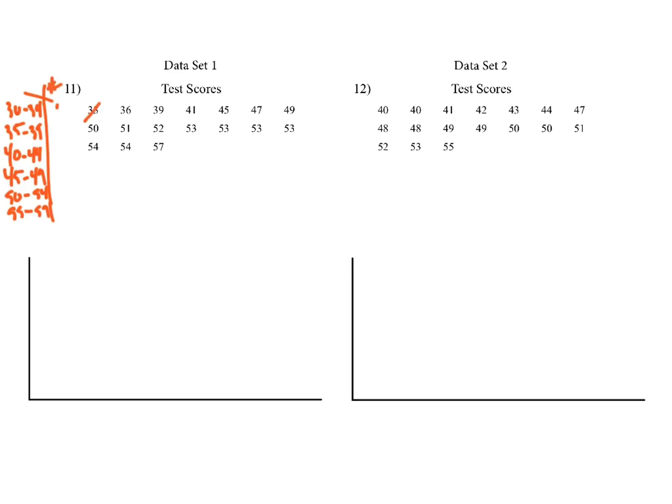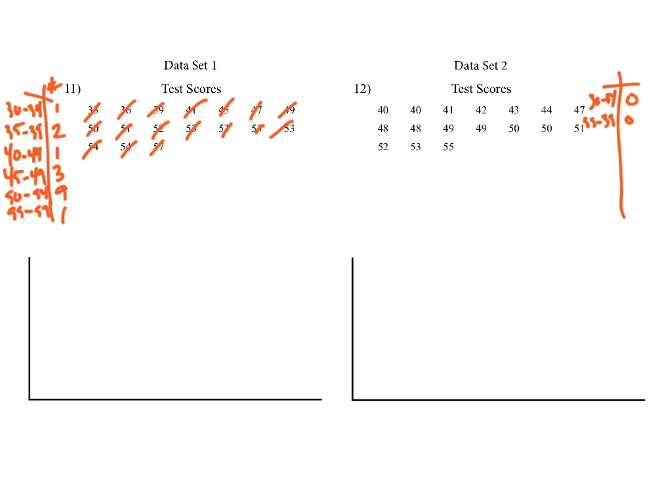So I see 1 here, 2 in the next category, 1, 3, 9, and 1. Now, in data set 2, we want to keep the same intervals because we're trying to compare them. So there's 0 in 30 to 34, as well as 35 to 39.